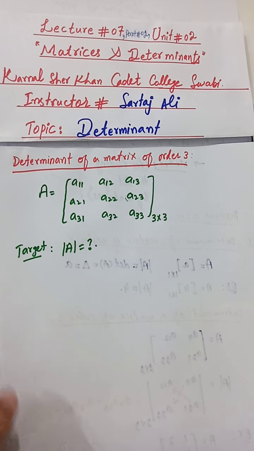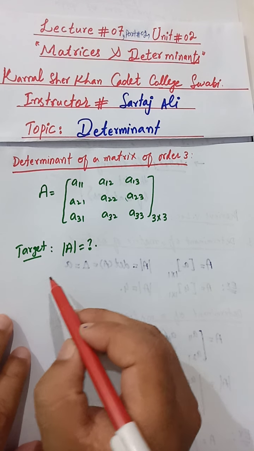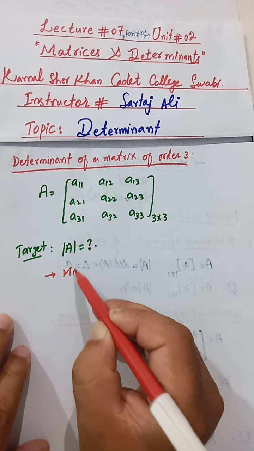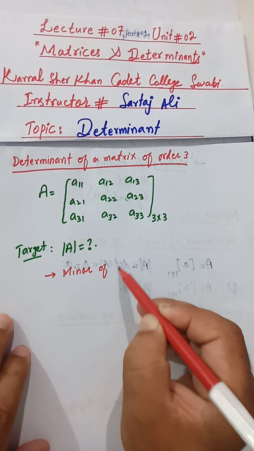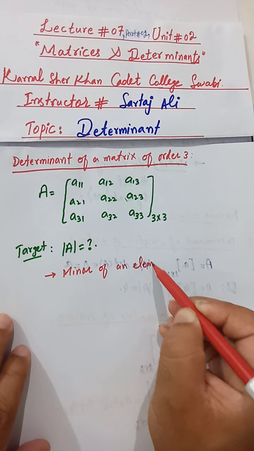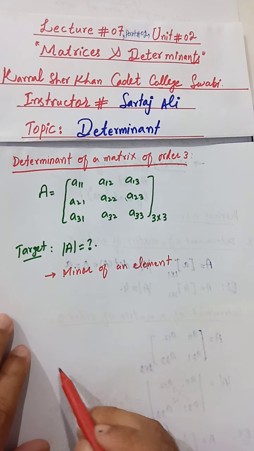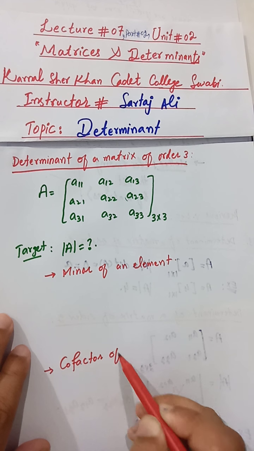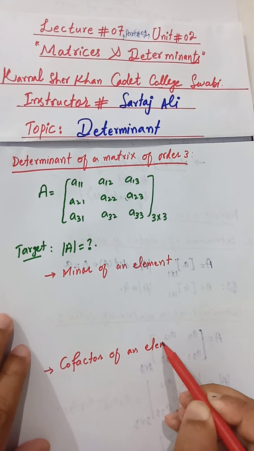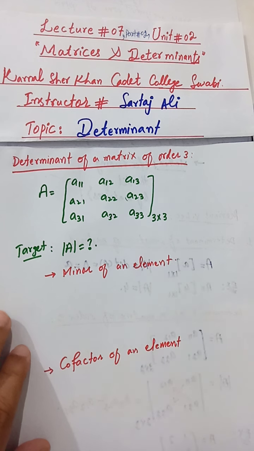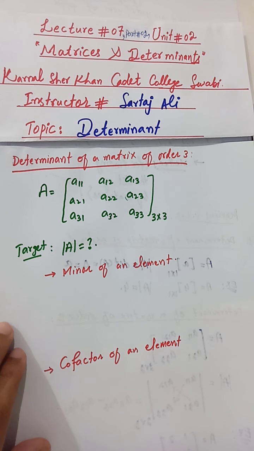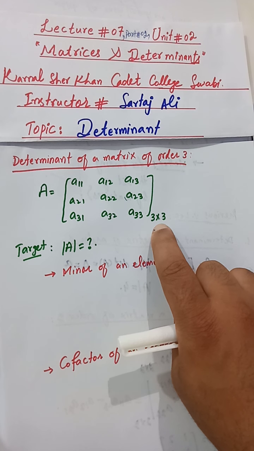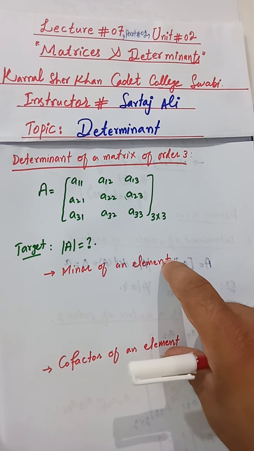For this, we need the following two concepts: the minor of an element and the cofactor of an element of the matrix. The element must be of the matrix. So to find the determinant of order 3 or greater order matrices, you need these two concepts.